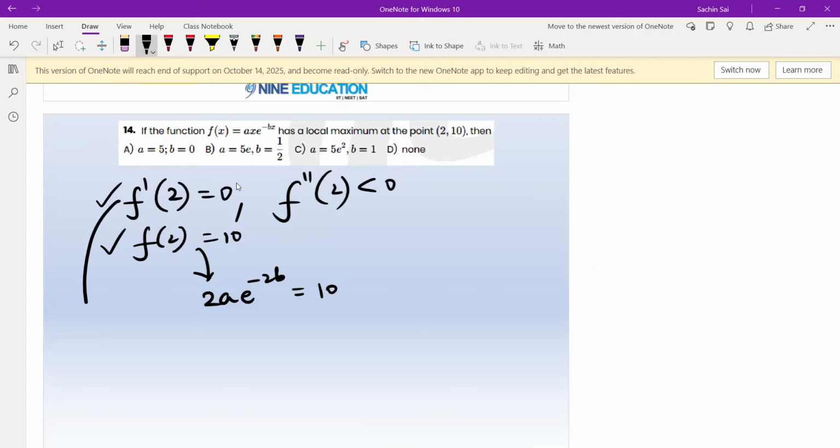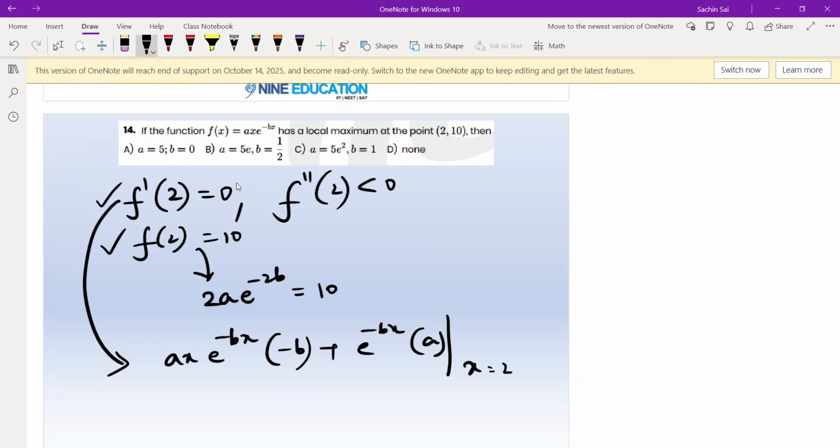And f dash 2 is 0 would mean the derivative. So ax times e power minus bx times minus b plus e power minus bx times a, evaluated at x equals 2, is 0. So that means minus 2ab e power minus 2b plus a e power minus 2b equals 0.